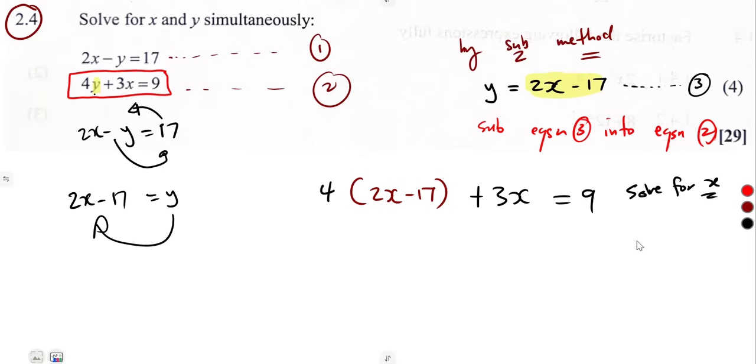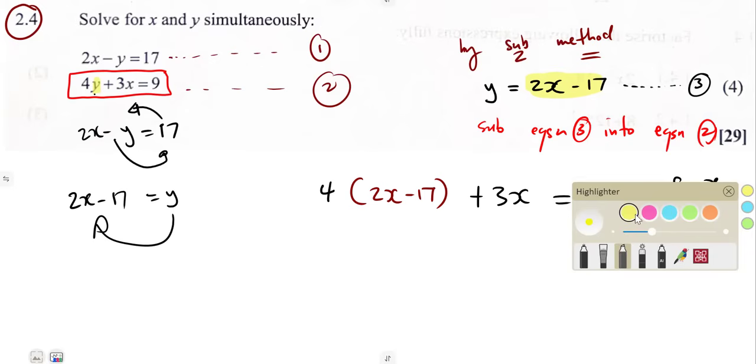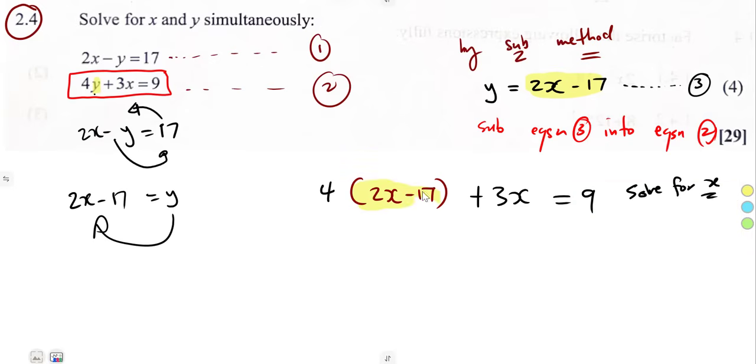For x. So how can we solve for x? If you were given just an equation like that, and asked to solve for x, you're going to what? Distribute here this bracket, expand it by 4 throughout. So that's 4 times 2x, 8x. 4 times negative 17, that's negative 68.